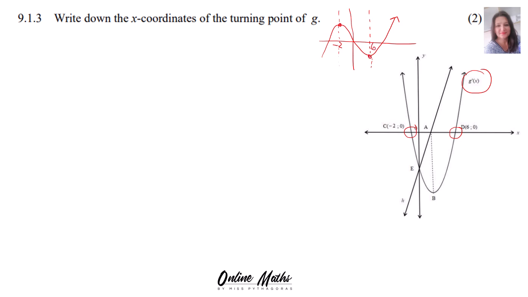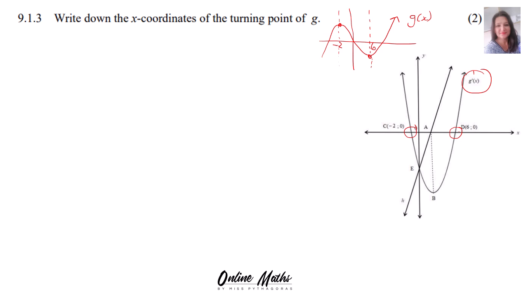The red one here is the original function g, and when you find the derivative, you find a parabola, but the x-intercepts of the parabola are in fact the x's of the turning points of the original function.